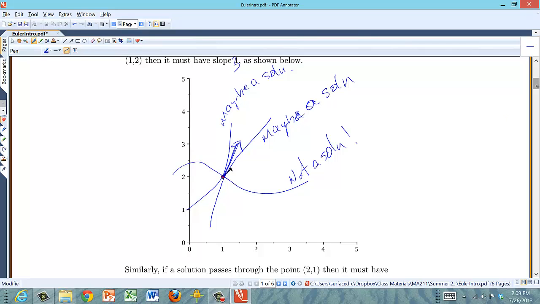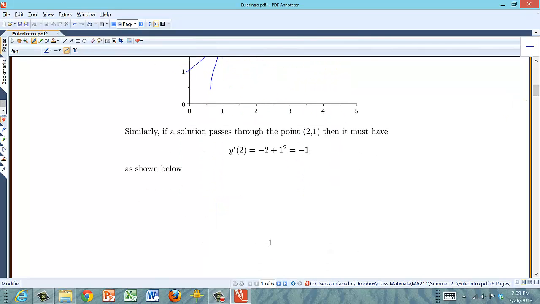Same way, if you have a solution passing through the point 2, 1, then y at time 2 is equal to 1, and so y prime at time 2 has to be negative 2 plus 1 squared, and that's negative 1. Again, because you're a solution to the differential equation, and the differential equation says your derivative at the time has to be this amount.